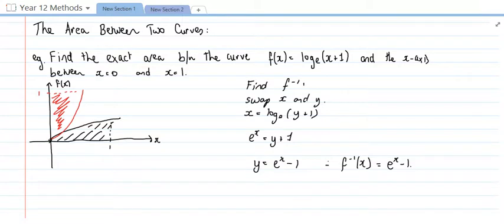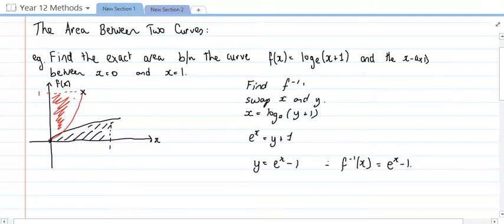Now, a couple of other things we need to do here, because to do this question I'm going to need to know this point right here. So I can find out what the x value is when y equals 1, or alternatively I could just find out what the y value is when x equals 1 for this here, because it's just going to be swapped for the inverse function.